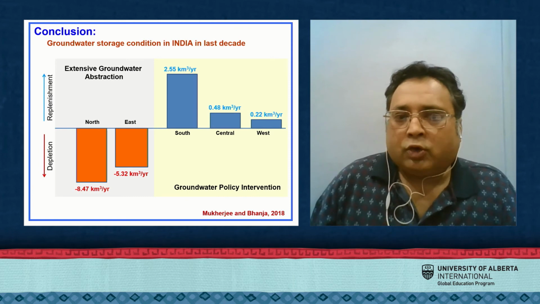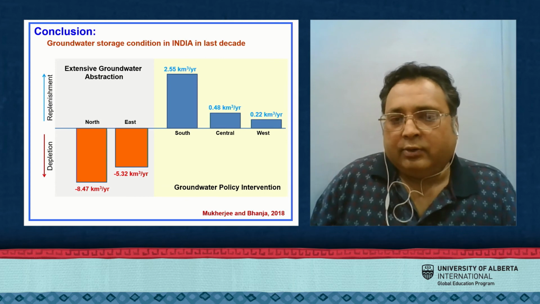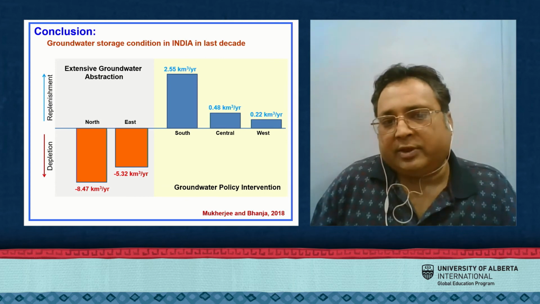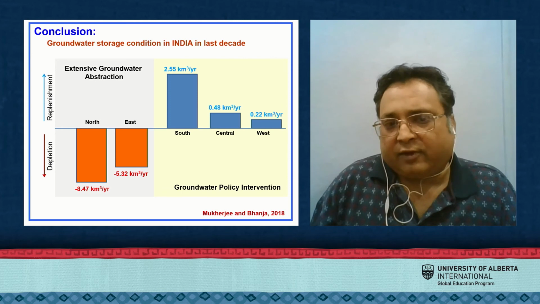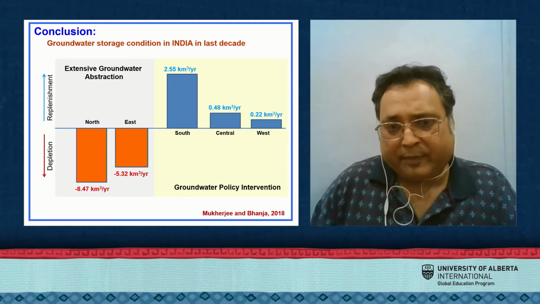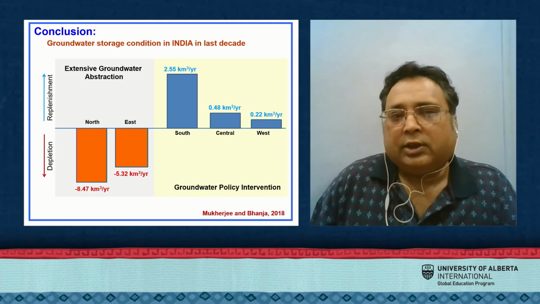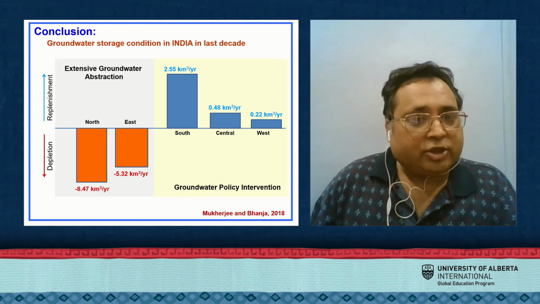Through a back-of-the-envelope calculation, you can see that about 13 cubic kilometers of groundwater is being abstracted from India every year, whereas about 3 cubic kilometers of groundwater is replenishing. So there is still a net of about 10 cubic kilometers of groundwater going out, which is non-renewable.